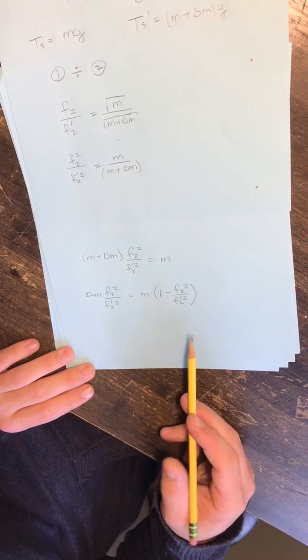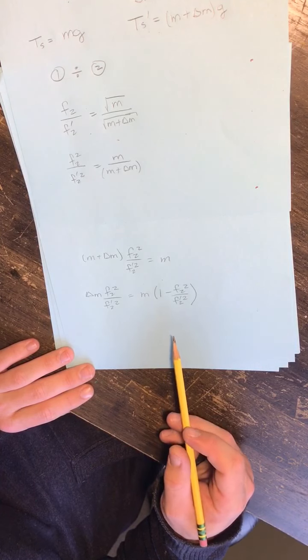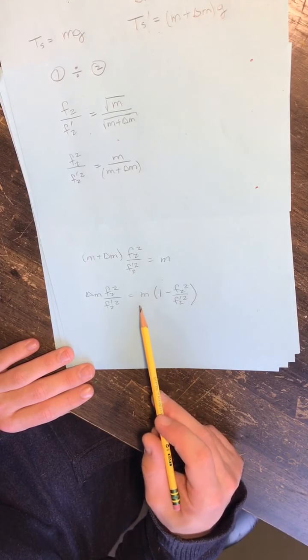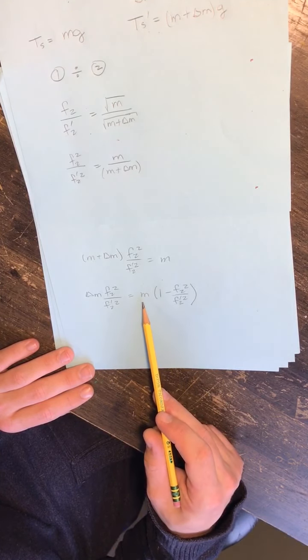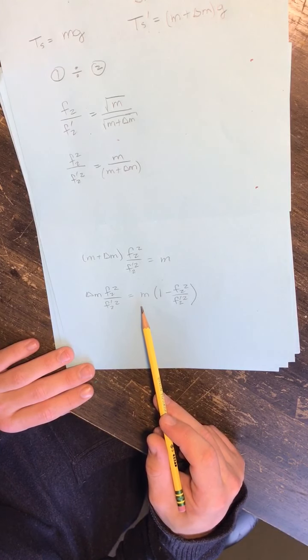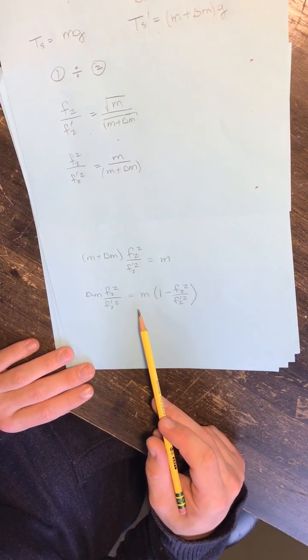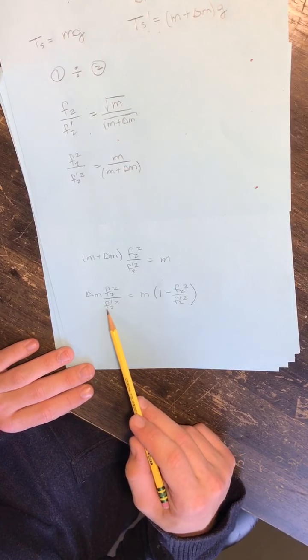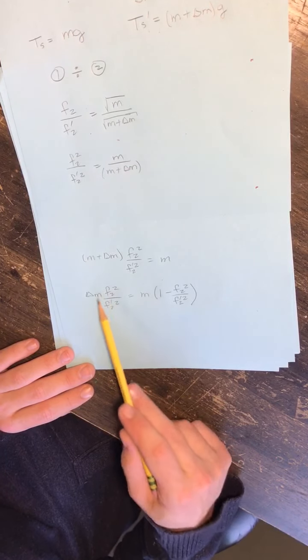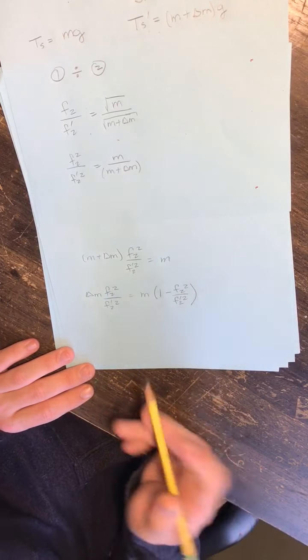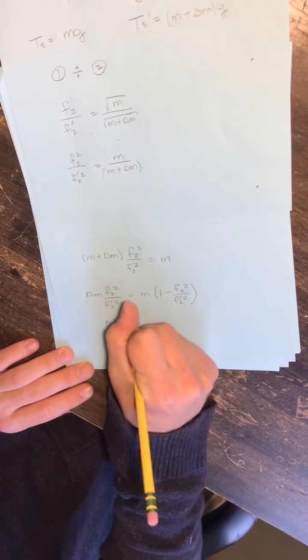All right, so we're still trying to get m by itself here, and I think what I'm going to do next is divide both sides by this expression here. So it's going to cancel, and we're going to get one of those over there. So on the left-hand side, we're going to get delta m.